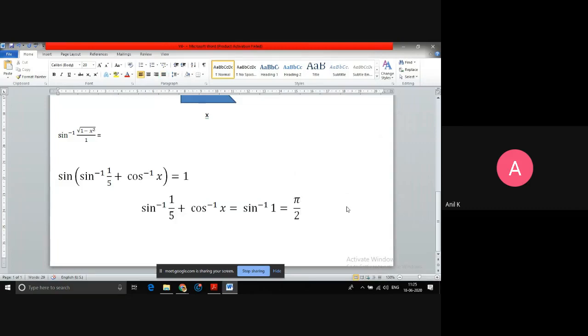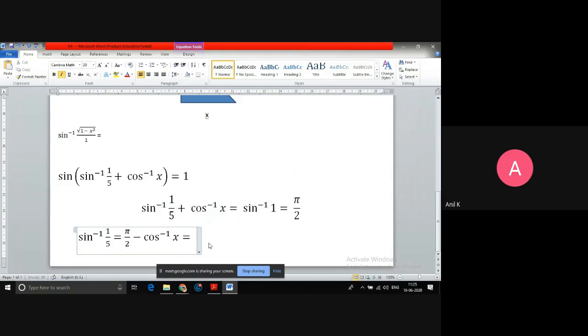Next, I'll keep sine inverse 1 by 5 on the LHS only and send cos inverse x to the right hand side. So it will come as pi by 2 minus cos inverse x.